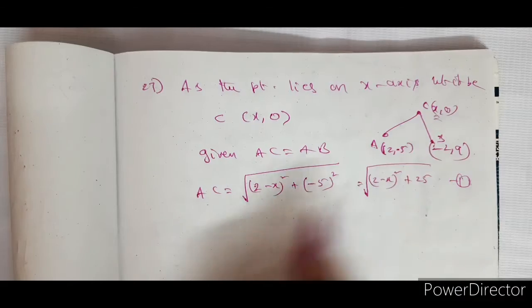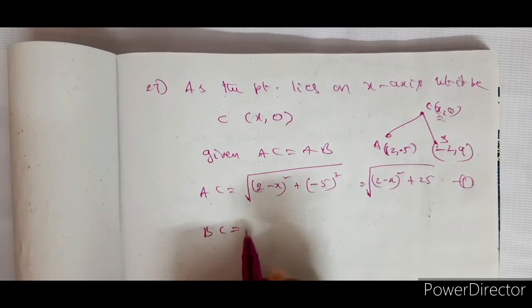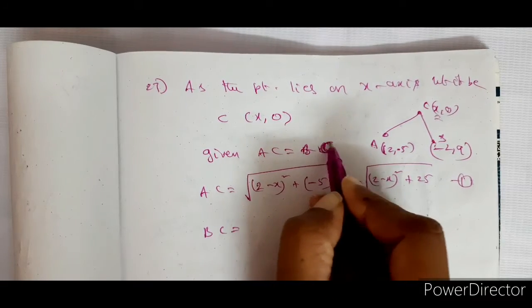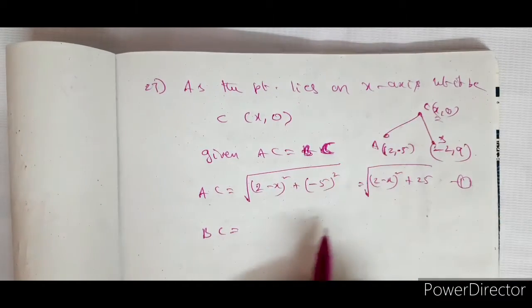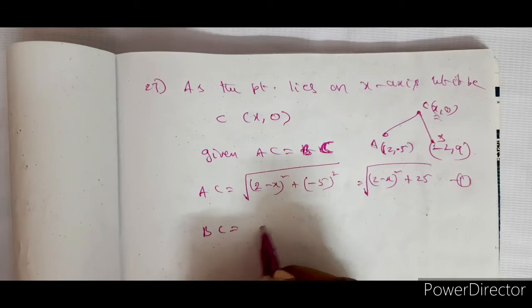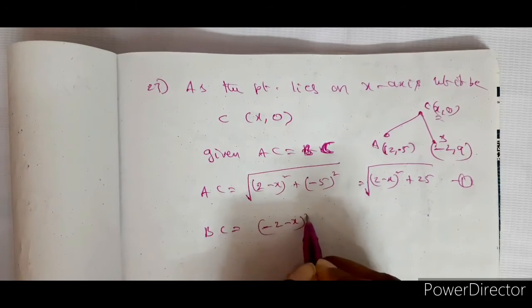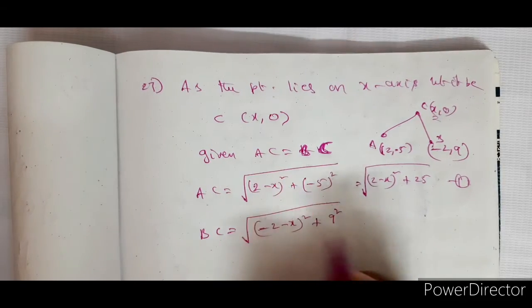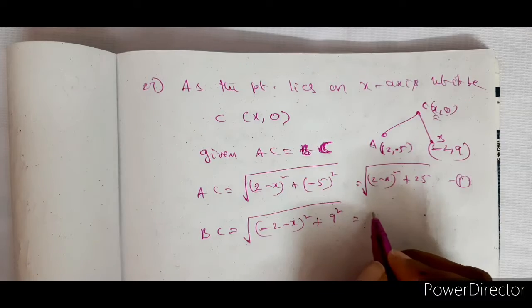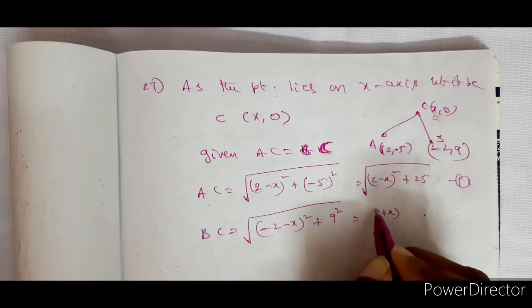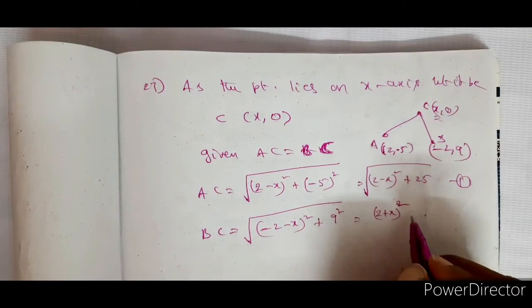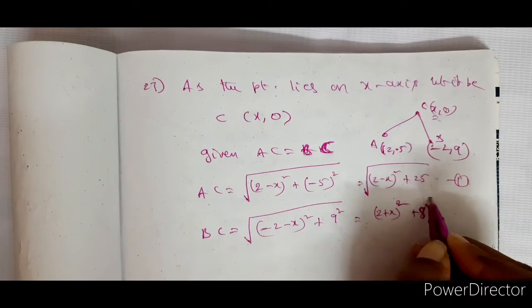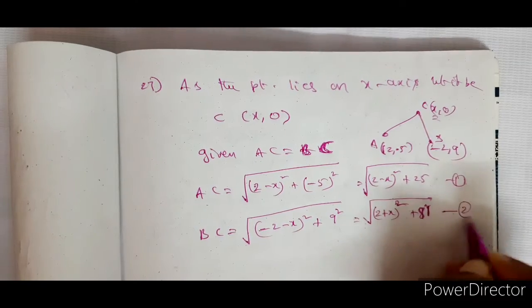Now find out BC. AC is equal to BC, as the point is equidistant. So BC is equal to square root of (minus 2 minus x) whole square plus (9 minus 0) whole square, which is 9 square. I can take the minus common here, no harm because it is inside the square. So (2 plus x) whole square plus 9 square is 81 under root, this is equation 2.